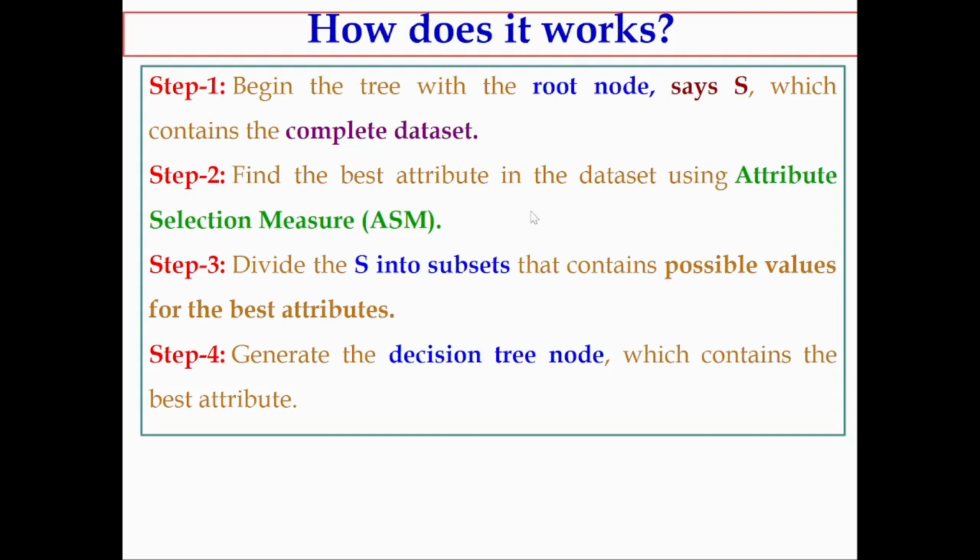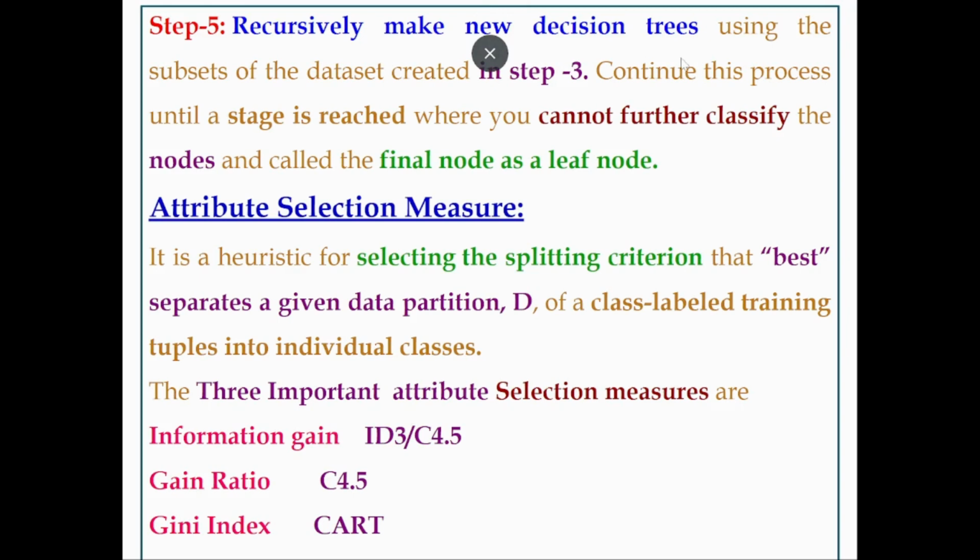Here we use the attribute selection measure, ASM. Step three: divide S into subsets that contain possible values for the best attributes. Step four: generate the decision tree node which contains the best attribute. And step five: recursively make new decision trees using subsets of the data set created in step three.